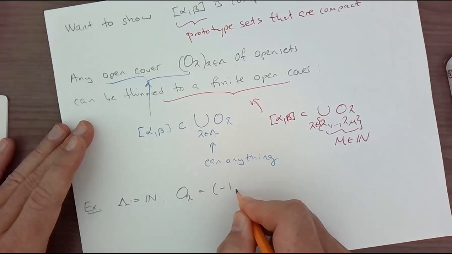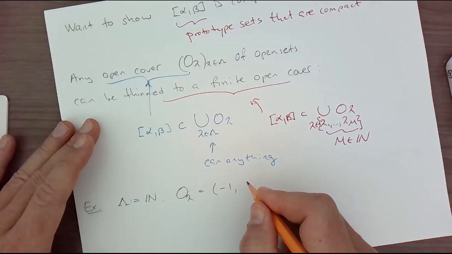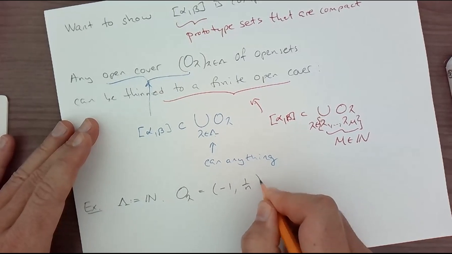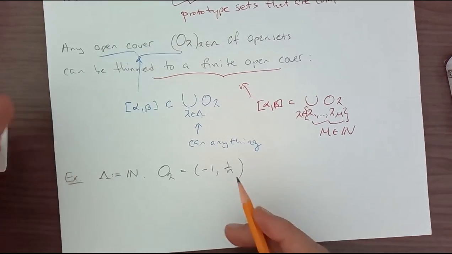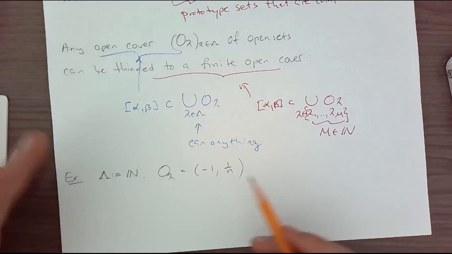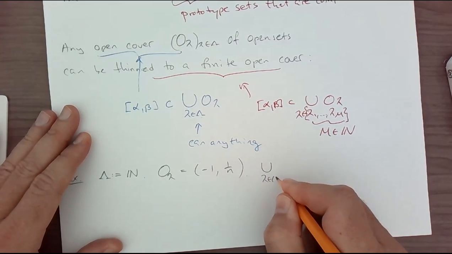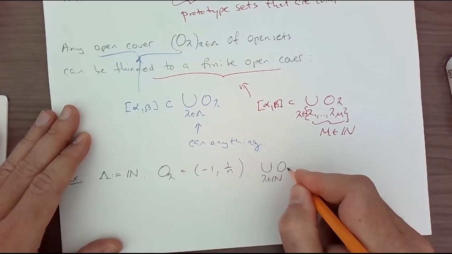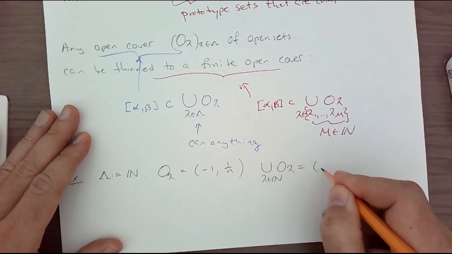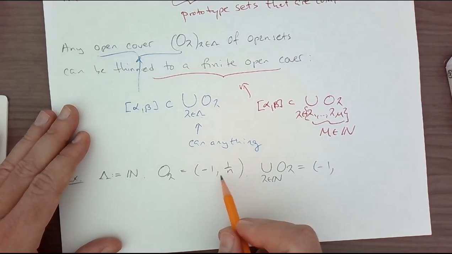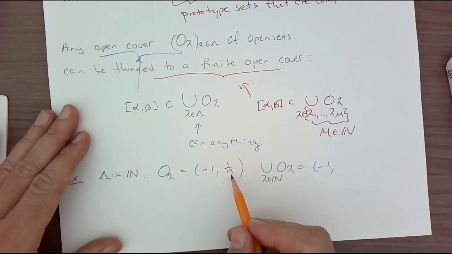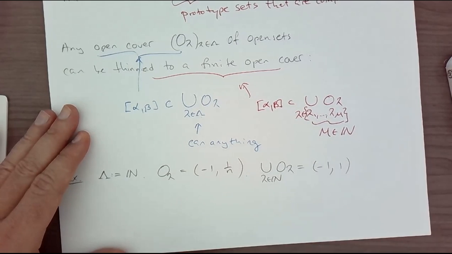It'd be like -1 to 1 over n. These are open sets, and if I looked at the union of these guys, I'll have -1 to 1, yes?